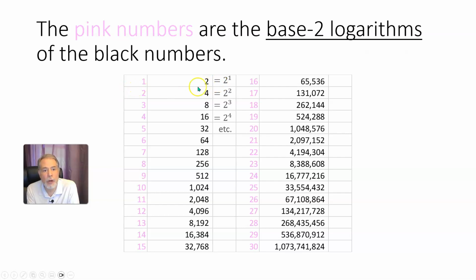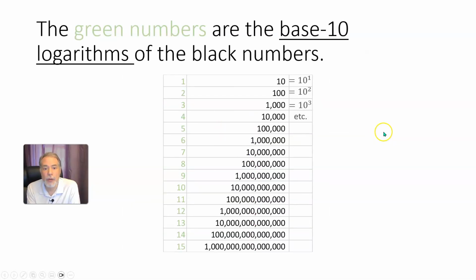So the base 2 logarithm of 2 is 1. The base 2 logarithm of 4 is 2. The base 2 logarithm of 8 is 3. The base 2 logarithm of 16 is 4, because you got to take 2 to the 4th power to get 16, and so on.